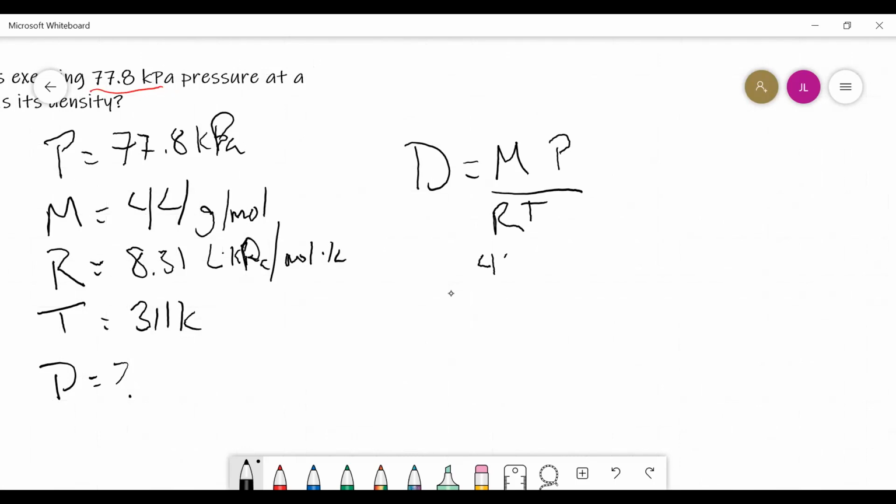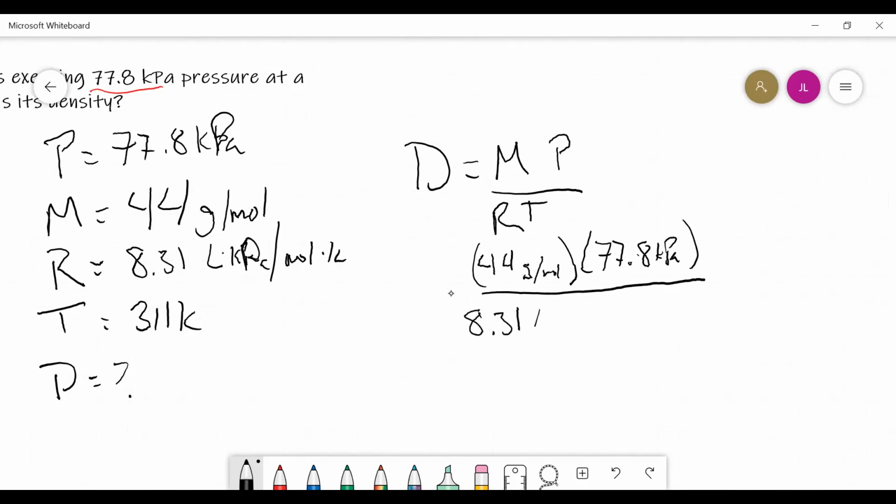So we have 44 grams per mole times 77.8 kilopascals over our R value, 8.31 liters kPa per mole Kelvin, and 311 Kelvin. Double check our work by doing all the canceling out.